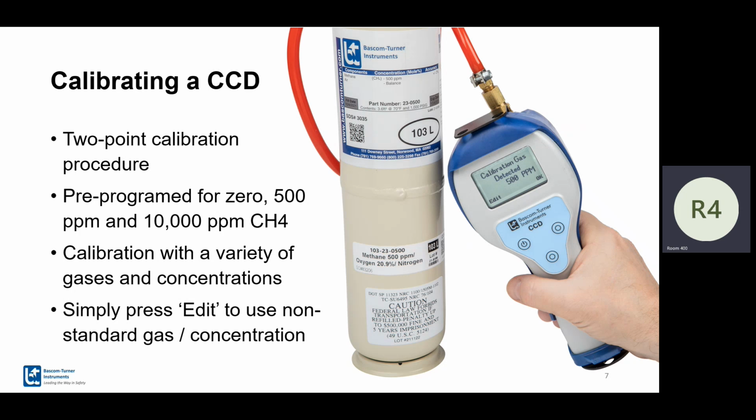But as you can see here, if you want to calibrate on 2,000 or 25,000 ppm, you just press the edit button and make sure you put the concentration in correctly. It happens, so we just run a new sensor routine and it'll be just fine.